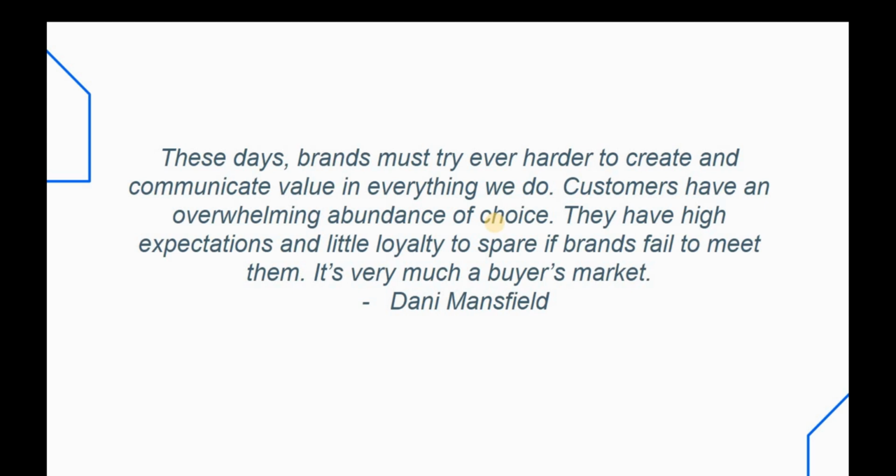So the choice is very abundant and expectation is high. Customers have little loyalty to spare if you fail to meet their expectations. So that's the reality of the market nowadays, and that's what businesses must remember when creating a strategy in giving value for the customer.